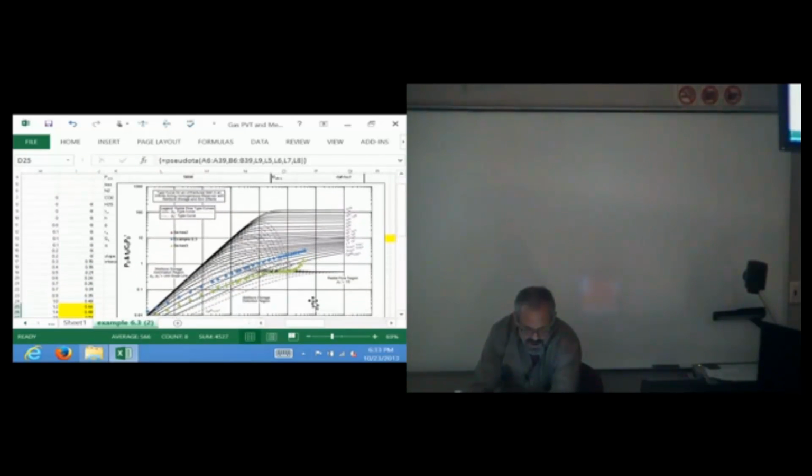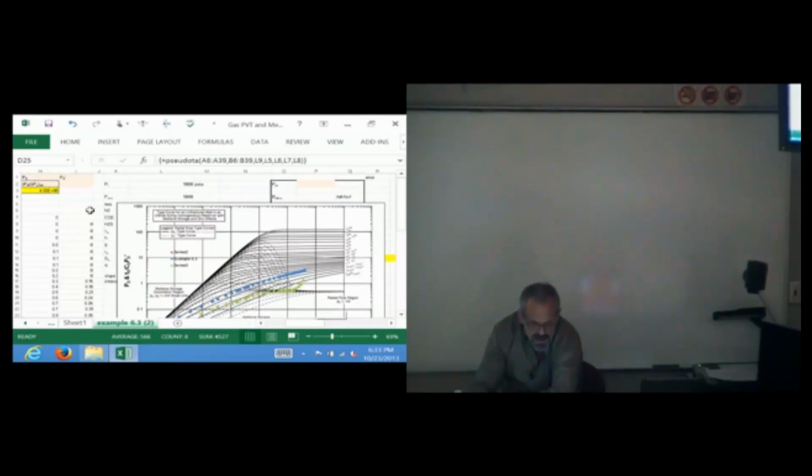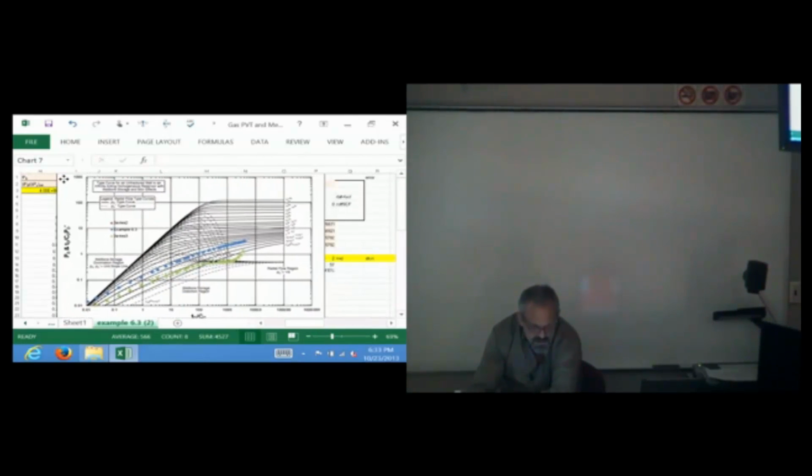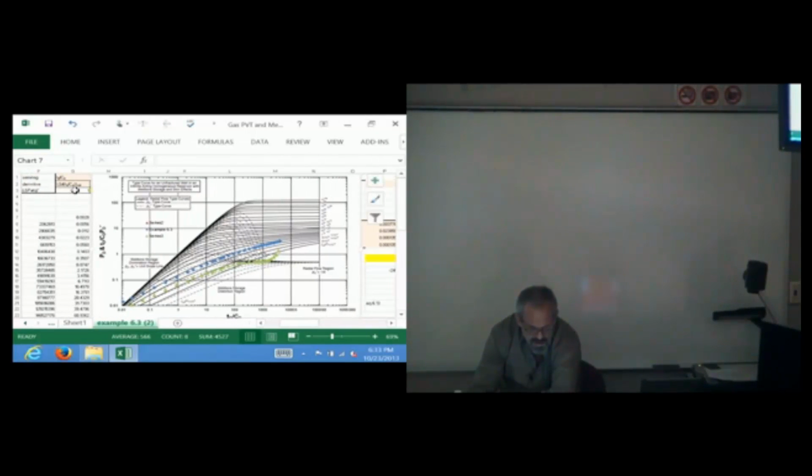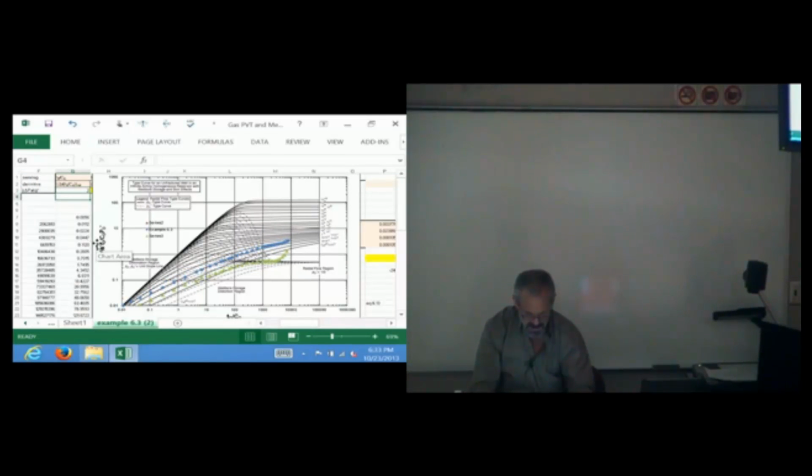Now, I'm not sure if I can get a better X match, because this is a wellbore storage match. I'm going to play with X, but I am not convinced at this point in time that I can get a better X match. Oh, that looks pretty good, doesn't it?